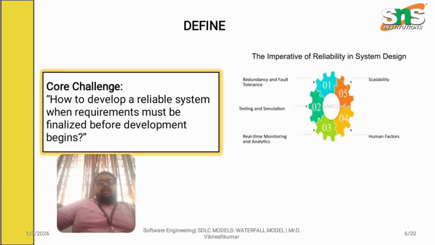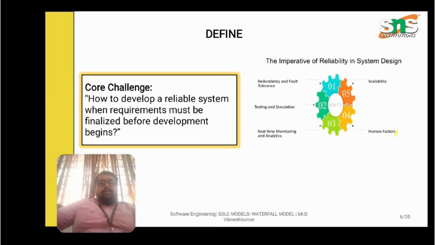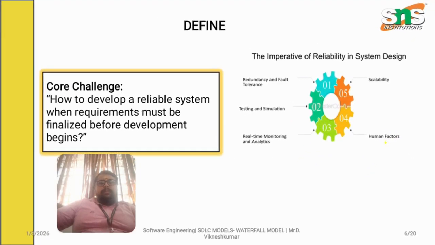Next, we have the term define. The define phase asks how we are going to develop a reliable system when requirements must be finalized before development begins. We aim to improve the reality of the system design, reduce redundancy, and increase scalability.